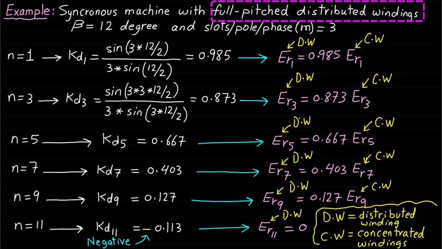That means we need to use more effective distributed windings design to reduce the low-order harmonics. Basically, we need to use short-pitched distributed windings instead of full-pitched distributed windings. We will explain this point in details in the coming lecture.